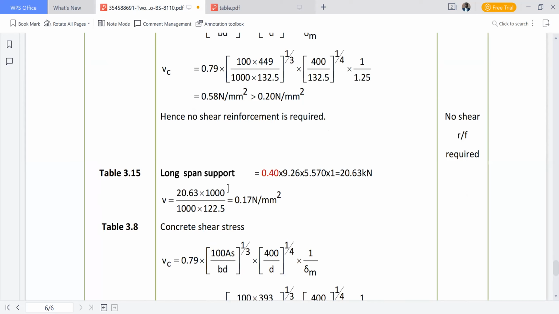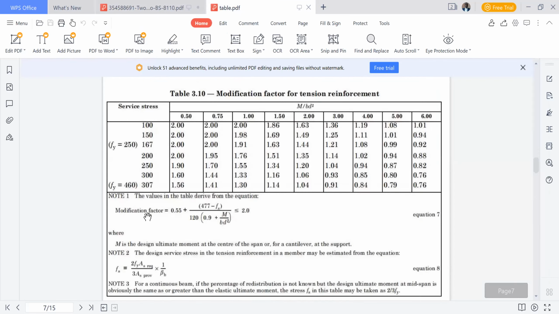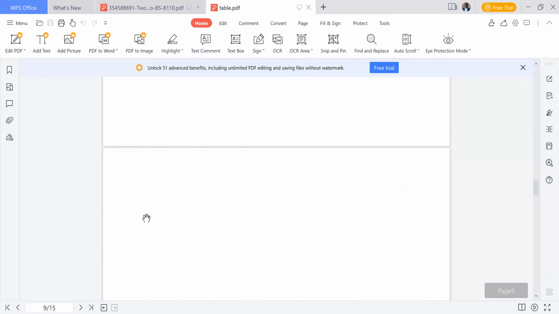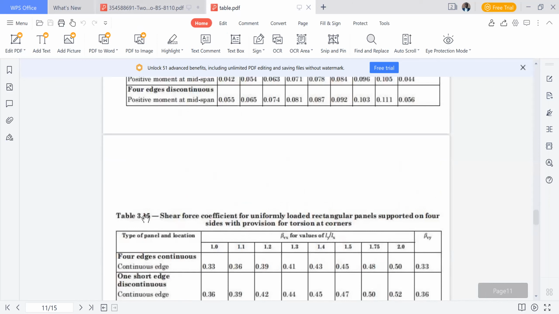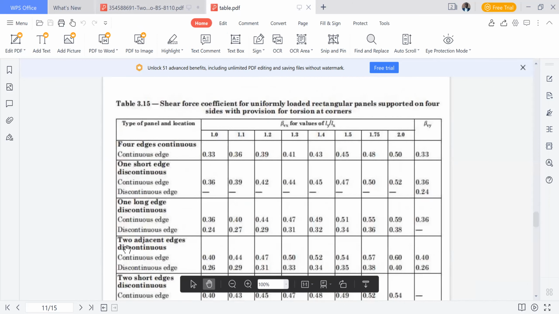Now, for the long span, we also look at the support or the continuous edge. Going back to the same table, looking at two adjacent edges discontinuous, you move along the continuous edge and you find it has a value of 0.4.